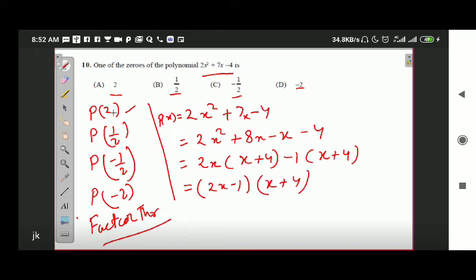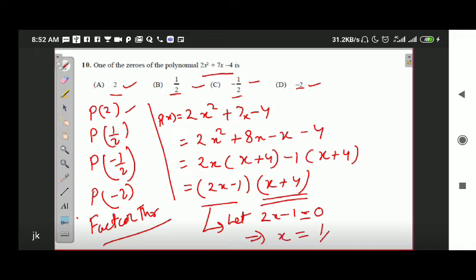None of the options is near 4, so I'm not checking it. So let 2x minus 1 be equal to 0, and based on that we will get the value of x equals 1 by 2. When we simplify that, we get x equals 1 by 2.